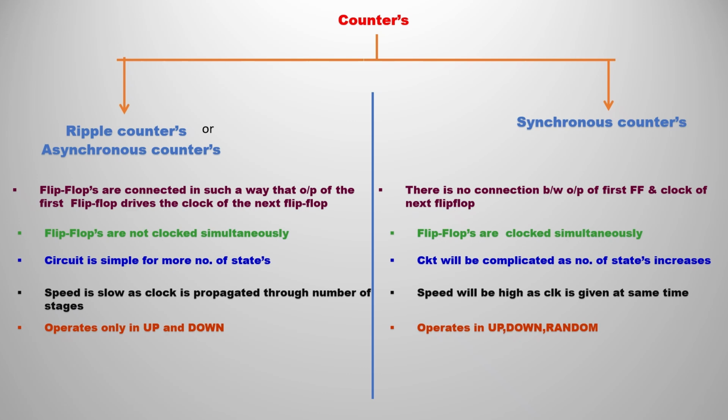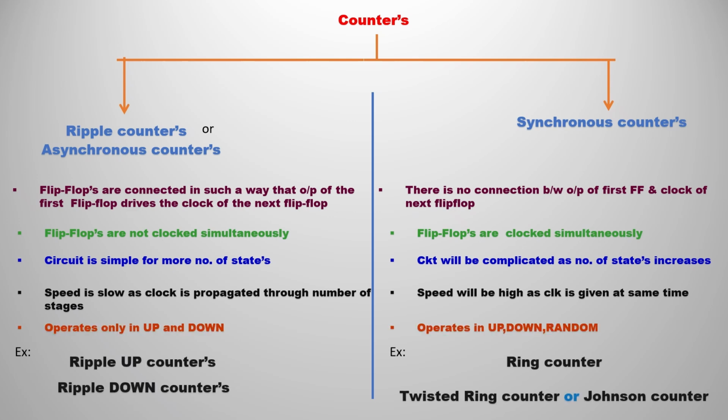In asynchronous counters, we cannot form random counters; we can only form them in the synchronous one. This is very important, because in the exam your teachers or lecturers might ask you to form a random sequence, like 2 4 5 1. To form this sequence, you can only use synchronous counters. You cannot use ripple counters to form that sequence.